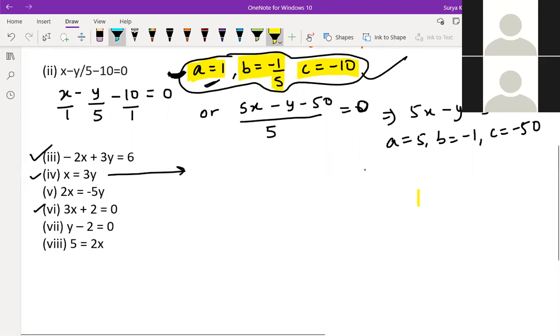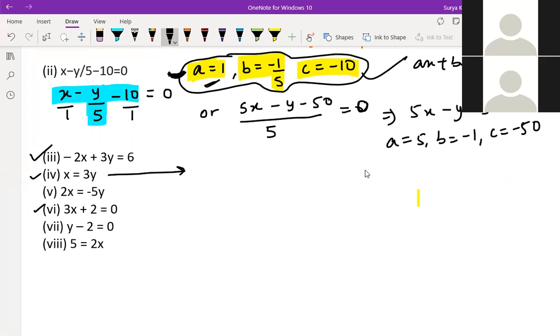Okay, see, what we have done here is we have written the same thing. The question is x minus y by 5 minus 10. We have to compare this equation with ax plus by plus c equals 0. So we can write a equals 1, b equals minus 1 by 5, c equals minus 10. Is this clear or not?